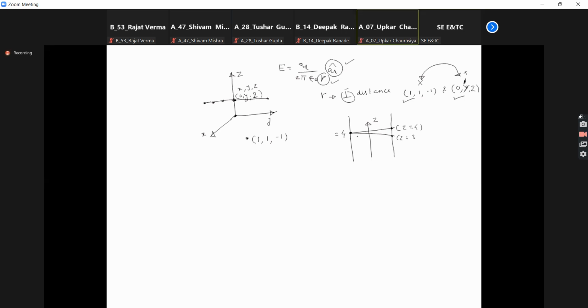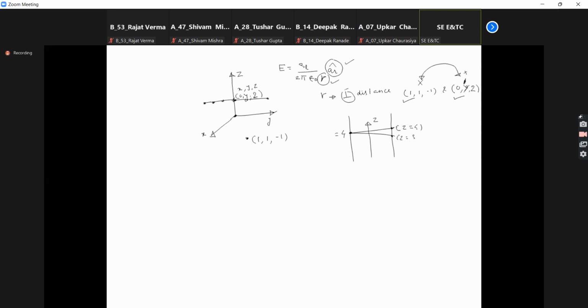Yes, sir. So that's why when you're joining two lines, okay, and the line which is joining the two lines, if it has to be perpendicular, then one of the coordinates should be same for both the lines, okay? Like here, both the lines, these two sticks, they are parallel to the z-axis, okay? So if you want to draw a perpendicular line, then the value of z here and the value of z here is going to be same.